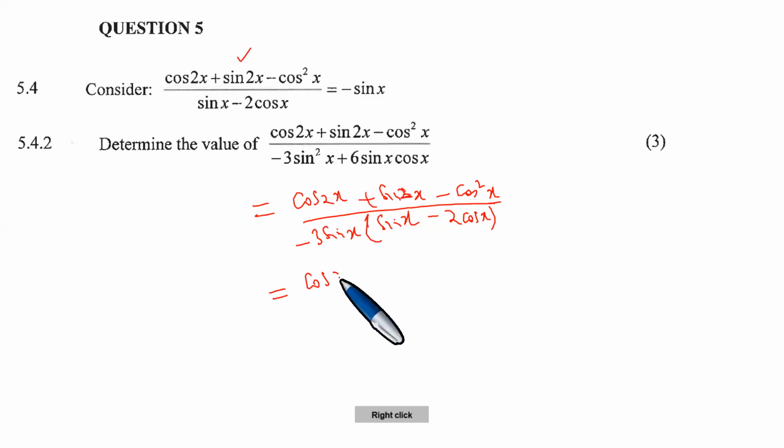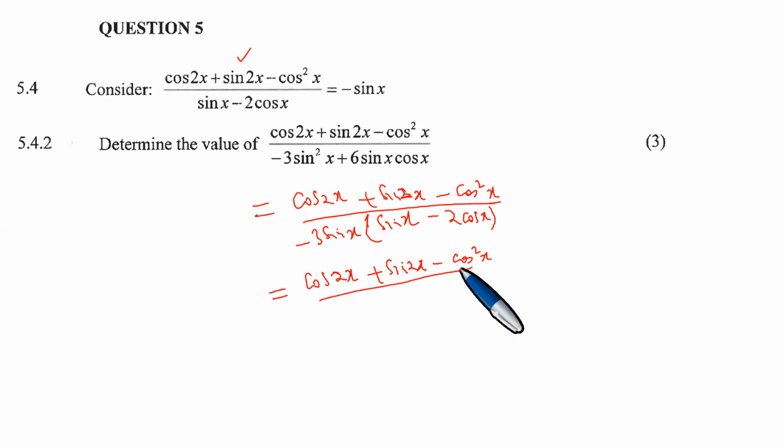So you have the cosine 2x, and then you have the sine 2x, and then you have minus cosine squared x.